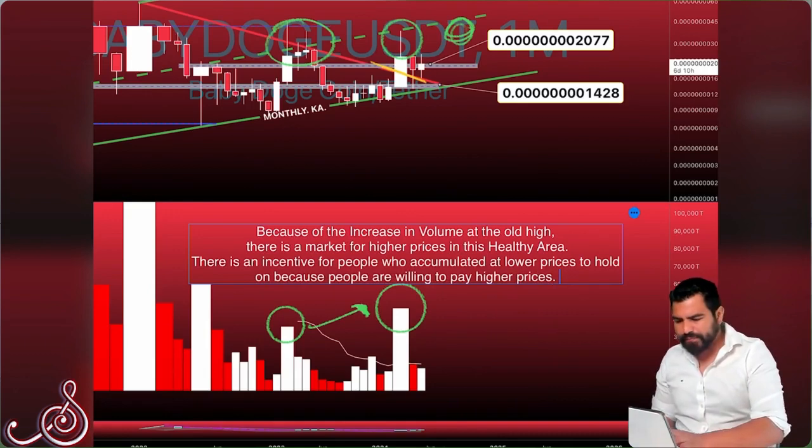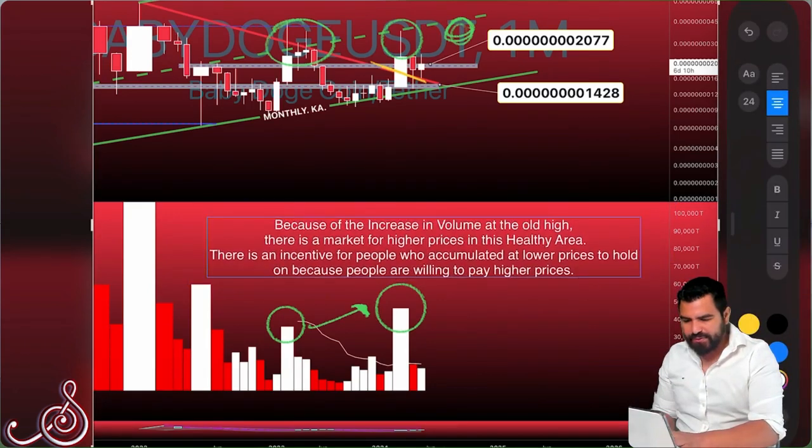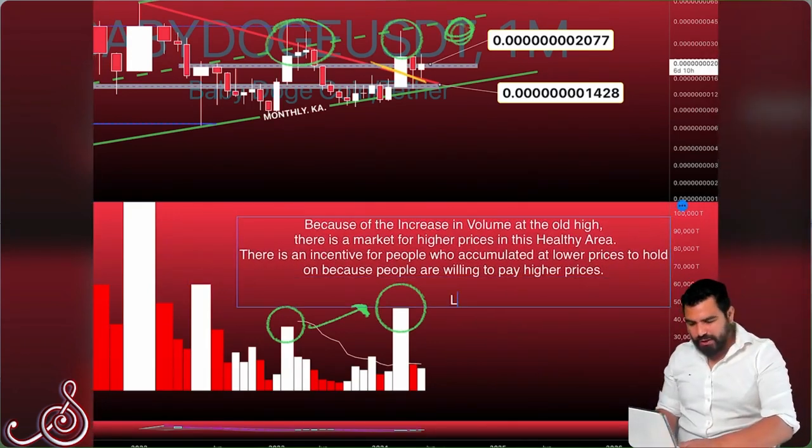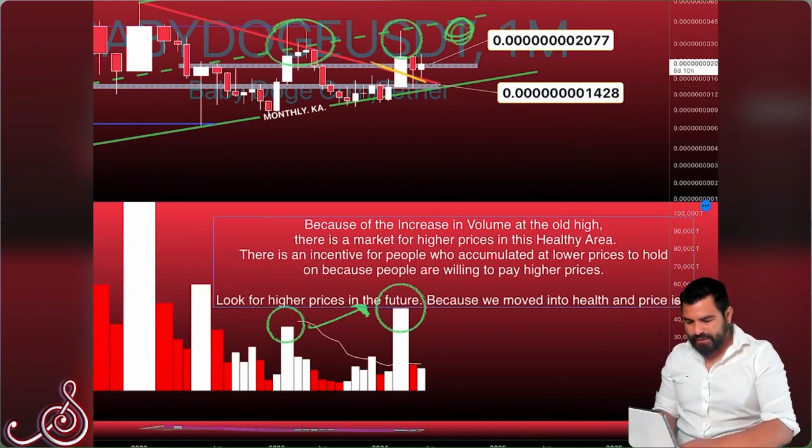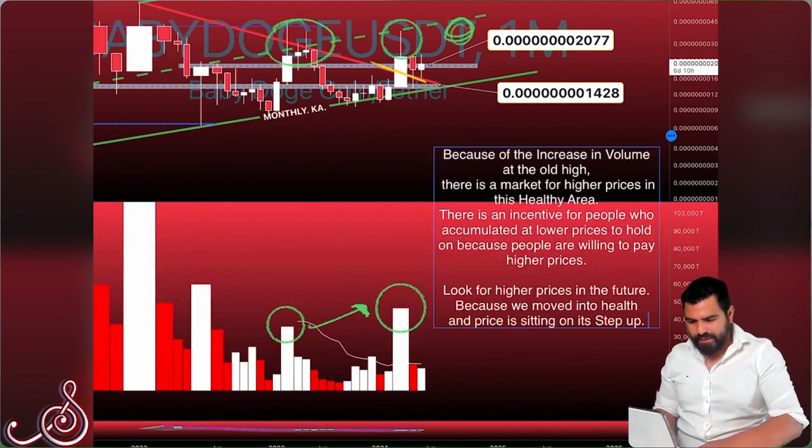All right, so there's an incentive for them to hold on and look for higher prices in the future, because we moved into health and price is sitting on its step up. This is a monthly chart.